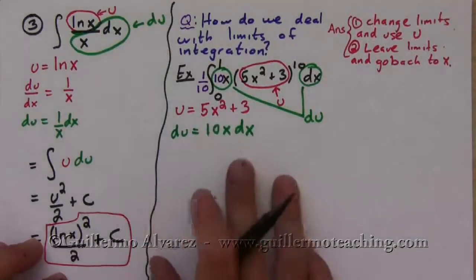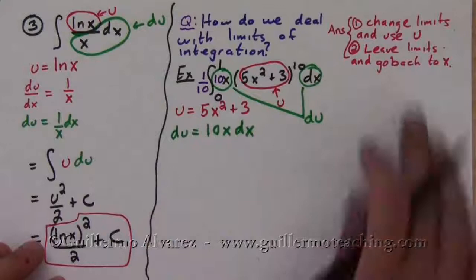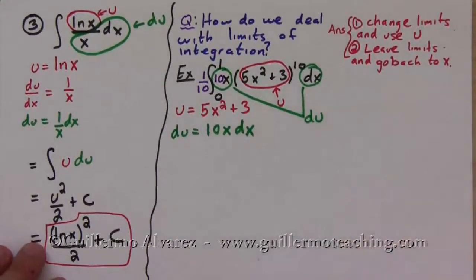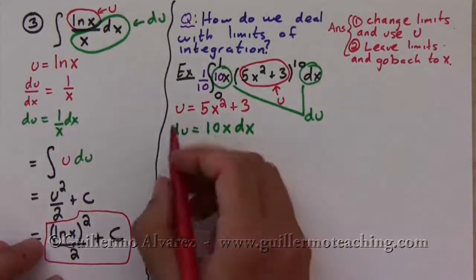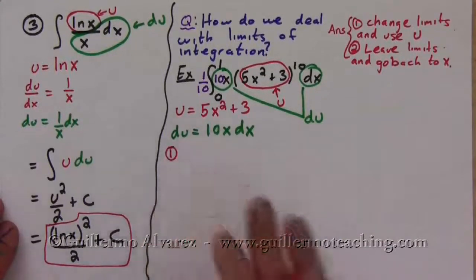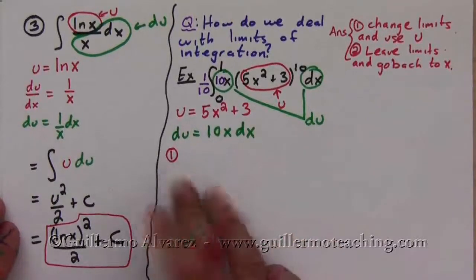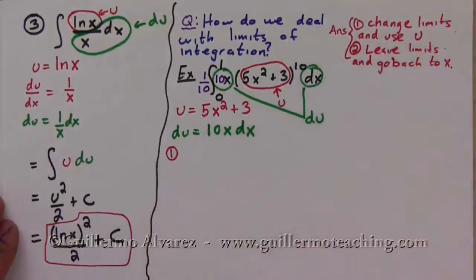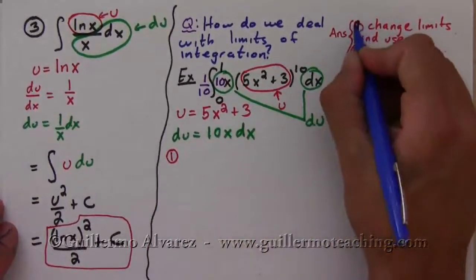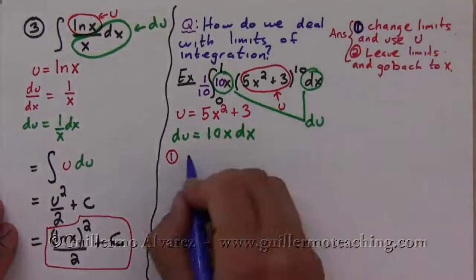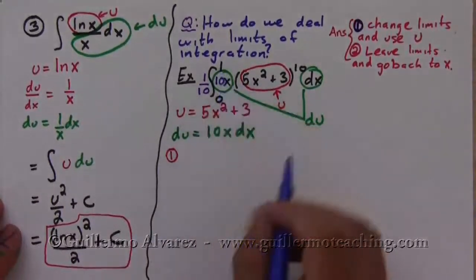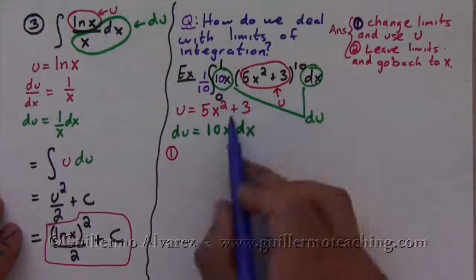well here, okay, so here we have to decide, are we changing the limits or are we leaving the limits? So we're going to do it again, we're going to do it both ways. So we're going to do the first way, we're going to change the limits and use u. So if we're doing it the first way, you're going to change the limits from 0 to 1, which are in terms of x, into u's.